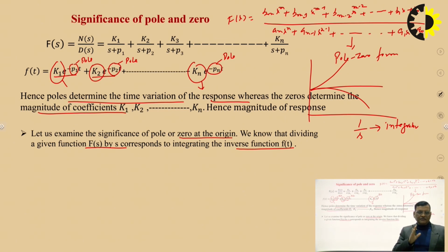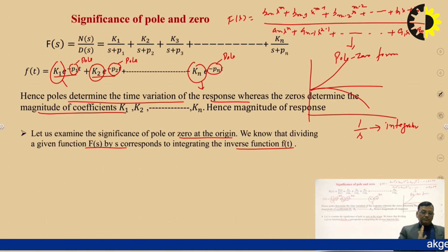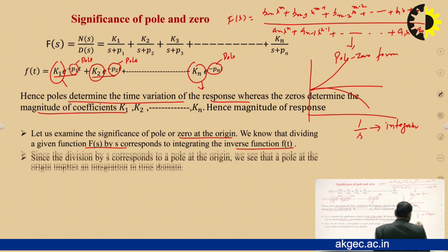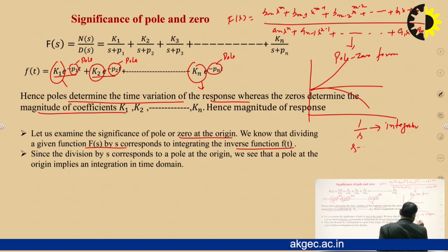When there is a pole at the origin. And suppose the zero is at the origin, then the zero is a differentiator. Zero at the origin is a differentiator.